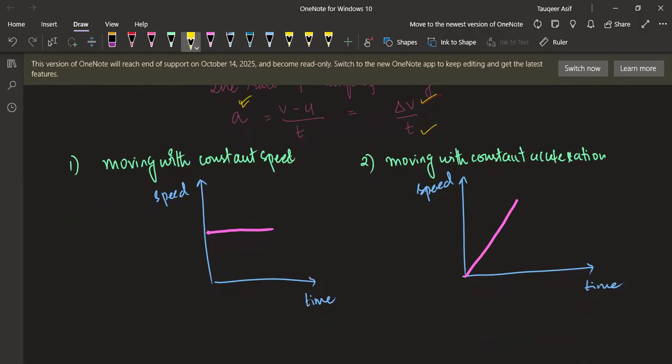So what are we going to say? Gradient is constant.